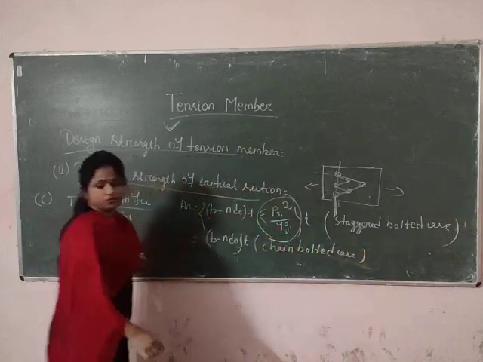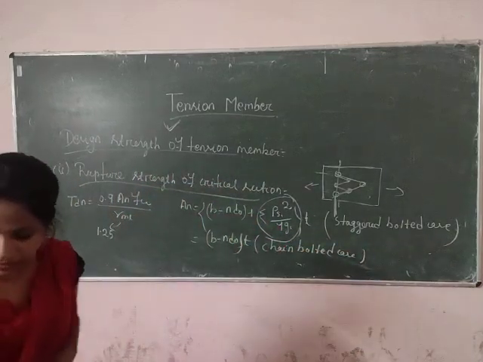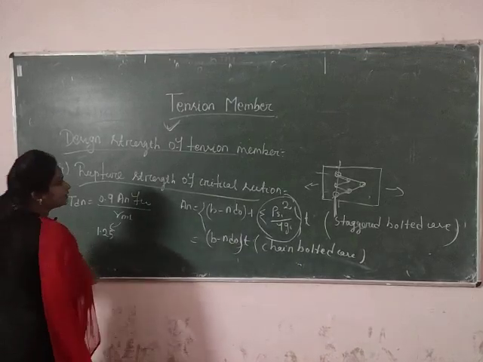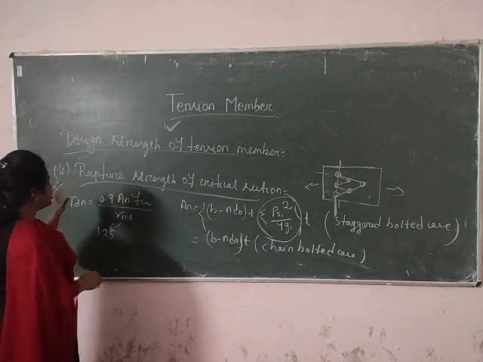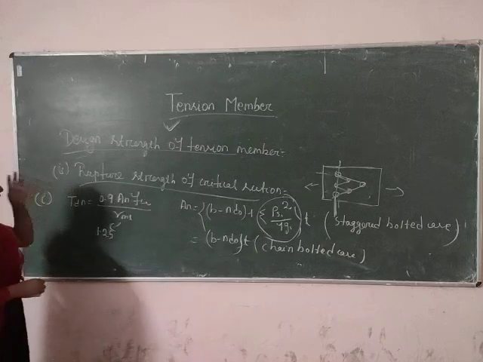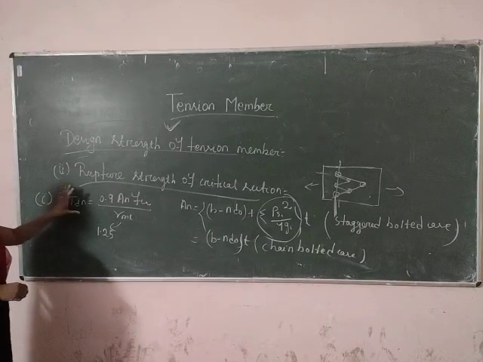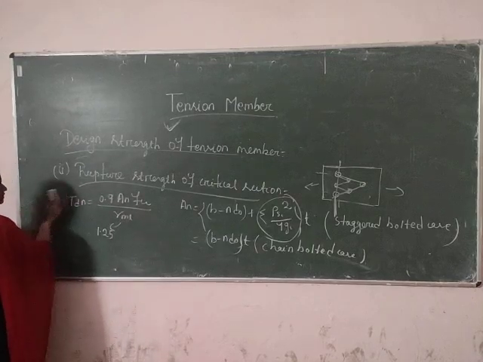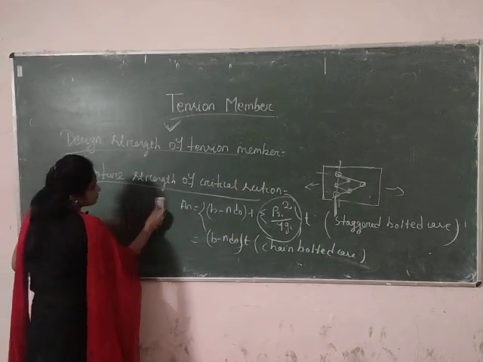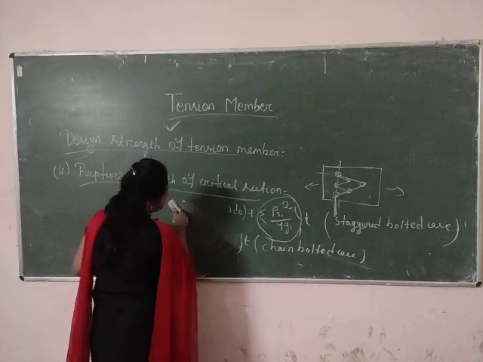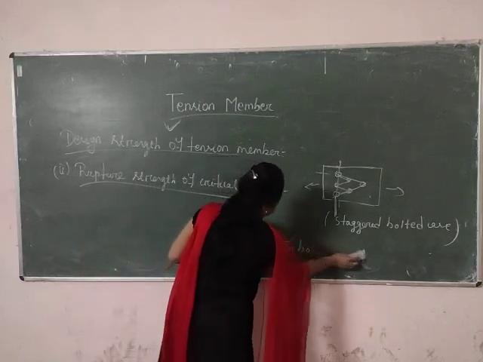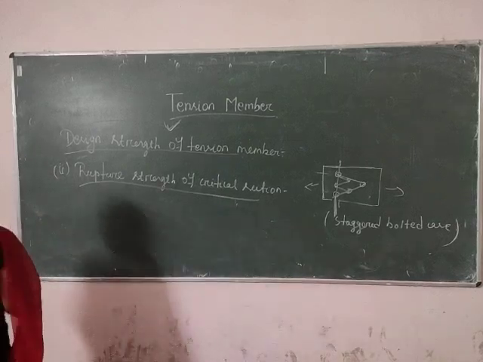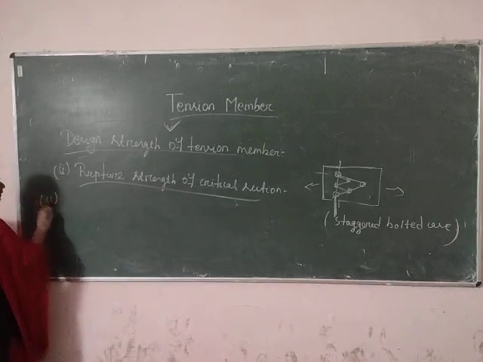Okay, so if the steel plates are used as the tension member, then you can find the rupture strength of critical section by this formula. Okay, so this is the first case. Then in the second case, we will see about the threaded rod.